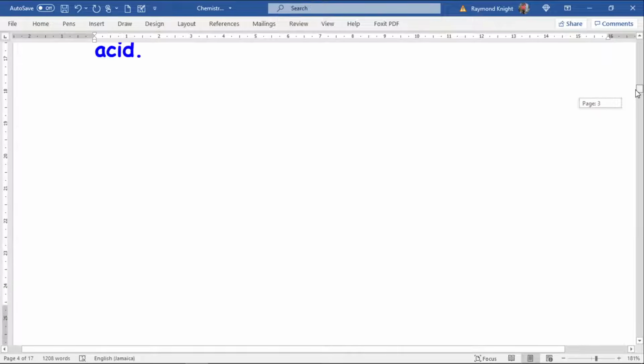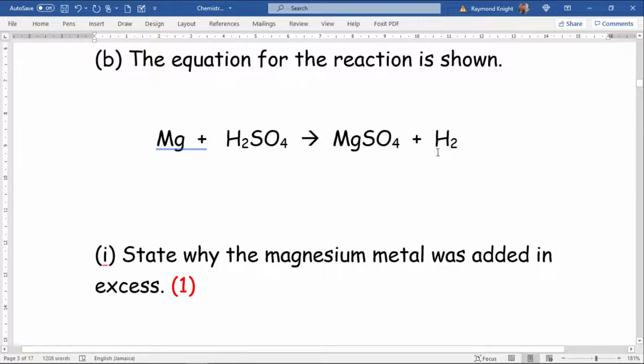Go back to your equation one more time. I want to show you this. It's a balanced equation. You have 2 atoms of hydrogen right here, 2 atoms of hydrogen. So you have 1 molecule of magnesium reacting with 1 molecule of sulfuric acid to produce 1 molecule of magnesium sulfate and 1 molecule of hydrogen gas. So the ratio is 1-to-1, regardless of the component you're using.